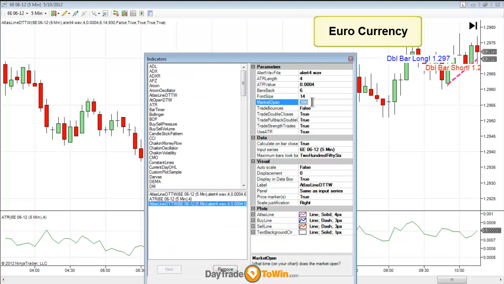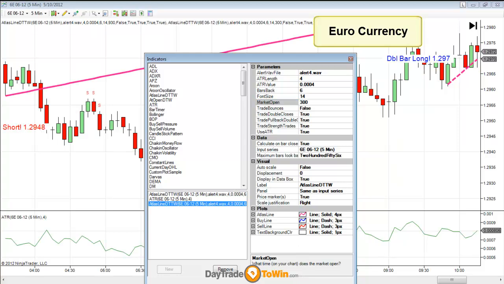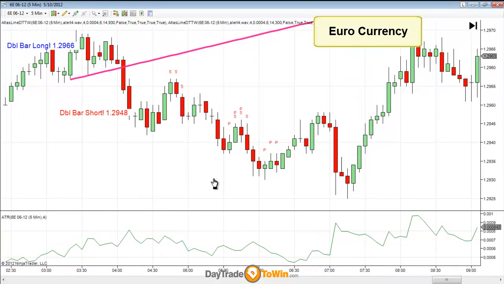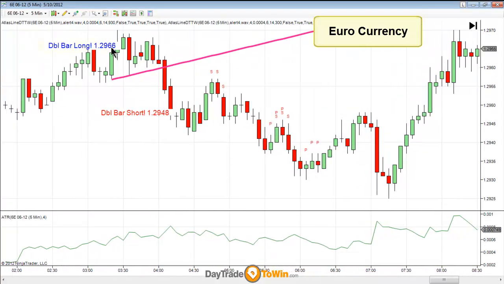I'm going to change the time here and make sure it's at 3 o'clock. Click Apply and OK. And here we have additional trades to go long, to go short, and then we have strength trades, pullback, and strength trades each step of the way down. All this is explained in detail on how these trades are calculated with the included training session.